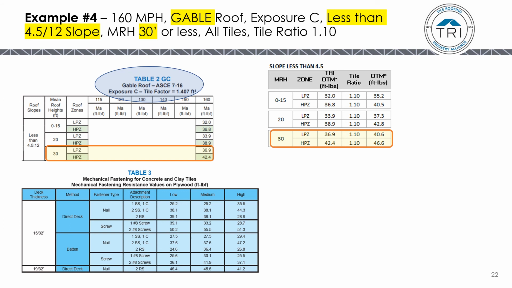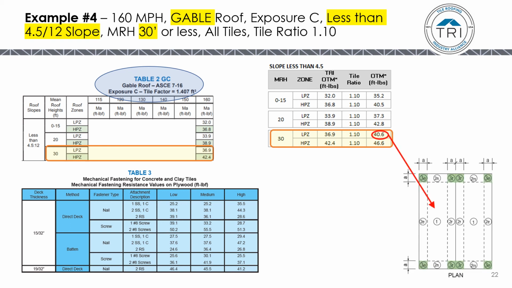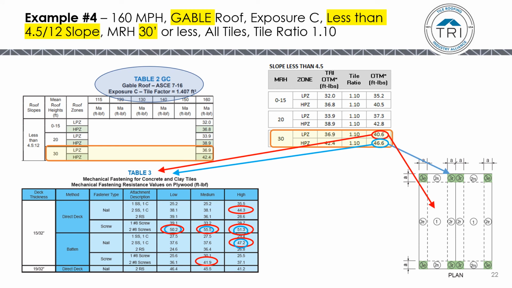We then factor in our tile ratio and then look at the LPZ to table 3, and you'll find out that those methods of fastening can be used in the LPZ. When you look at the HPZ, you'll see that those fastening methods can be used in the HPZ. So we're getting limited at this on a gable roof of this slope at this wind speed of what you can mechanically fasten the tile with.